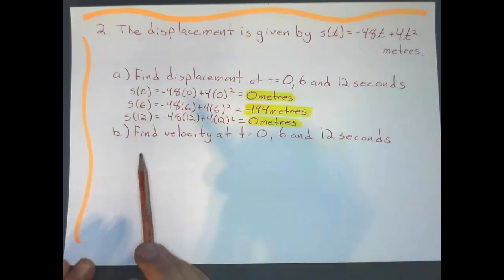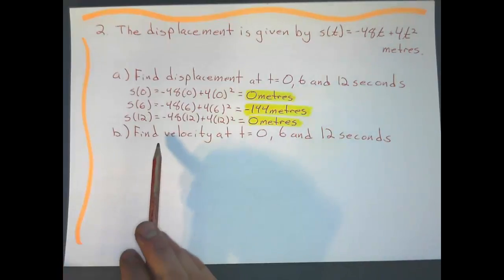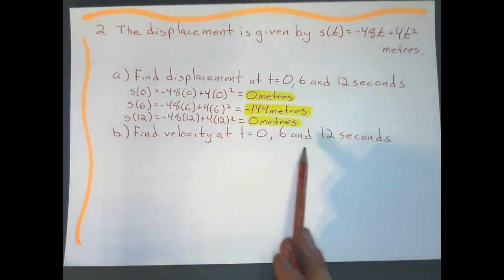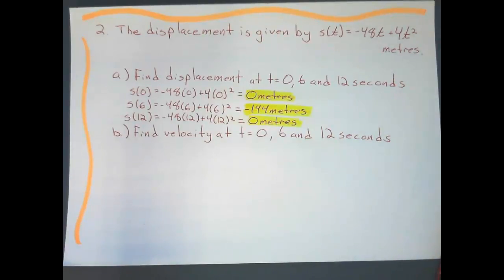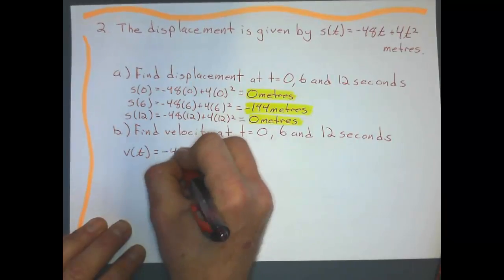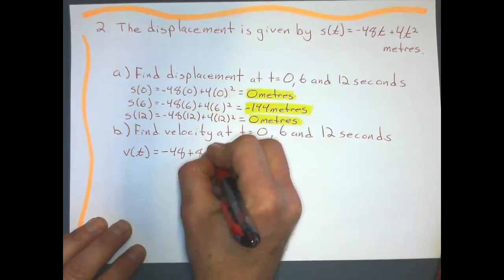so next step, find the velocity for the same seconds. That means we're going to differentiate my displacement function and substitute these three values in for them. Let's differentiate it first. This differentiated is negative 48 plus 8t.